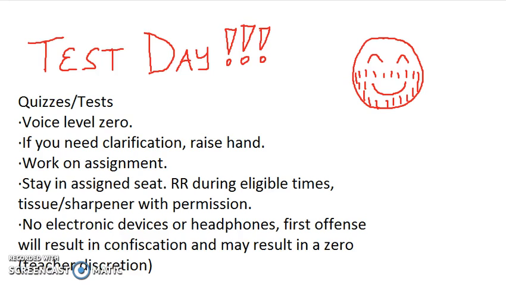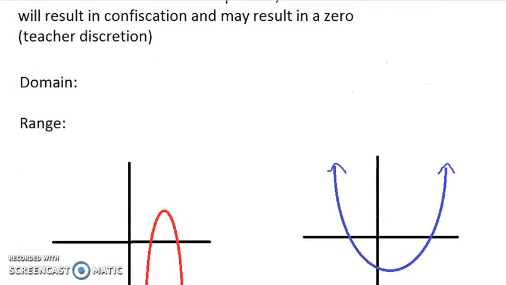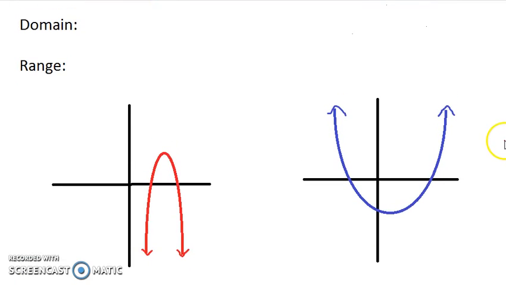Let's go into some of the stuff that the other classes asked about yesterday. One thing that I constantly emphasized with quadratics is whenever you have domain, the domain of this graph here is x equals all real numbers.